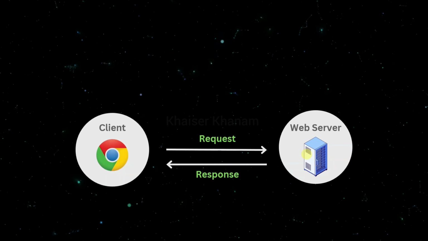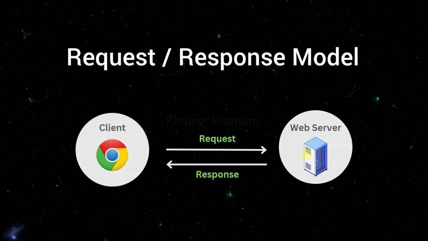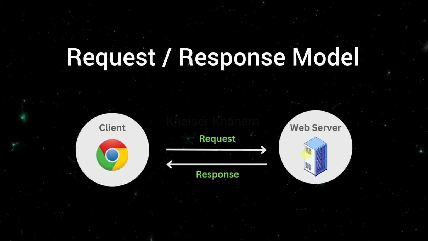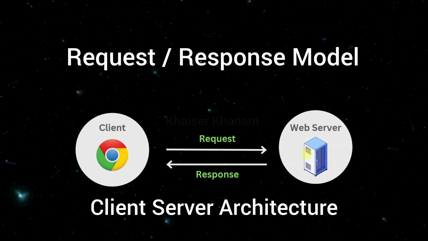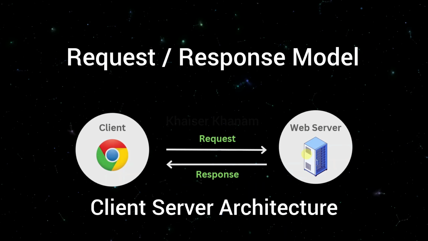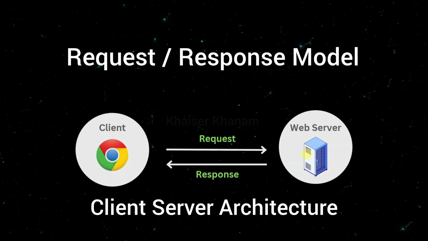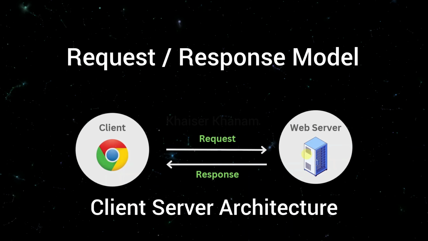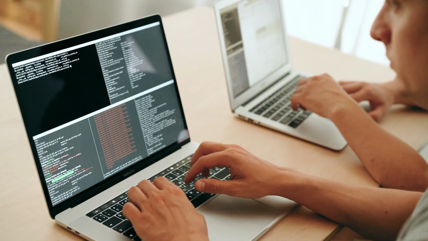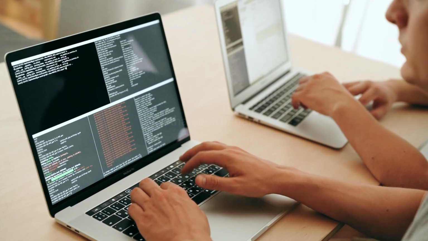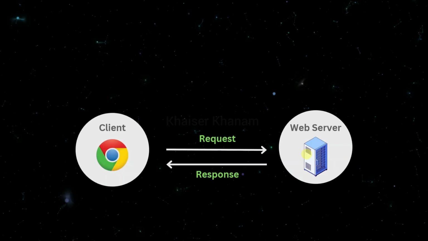And this entire process is called the request response model, or you can also call it client server architecture. But if you really want to go deep and understand how this request and responses will be working on the web, then in this lecture you will be getting complete high level overview of this model.